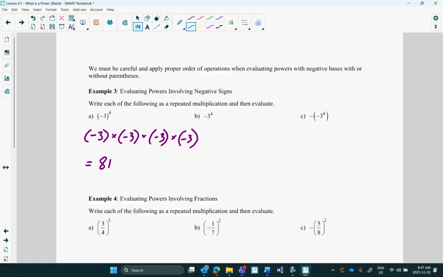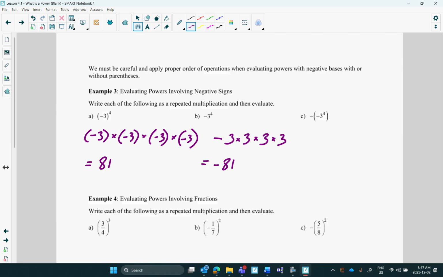But this is different. There's no parentheses. So what this means is do 3 times 3 times 3 times 3, then put a negative on the answer. So this actually equals negative 81.